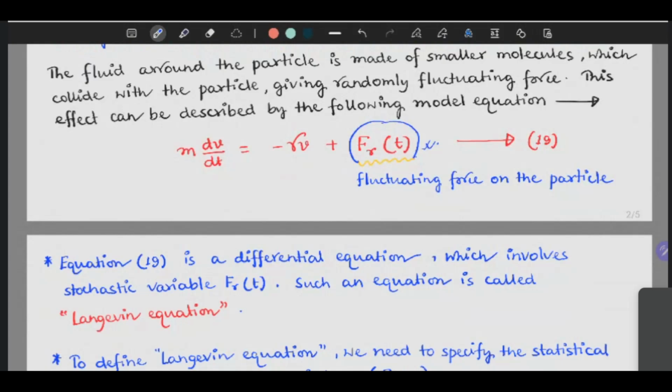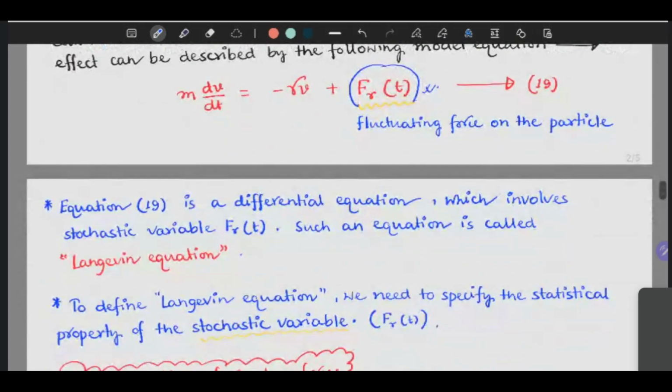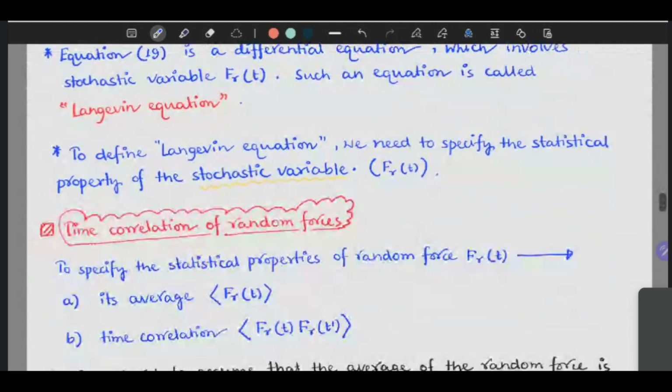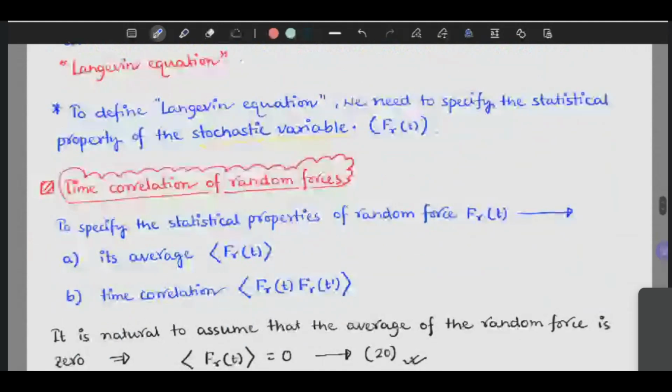Now we need to know how this fluctuating force behaves. To do this, we need to get some statistical properties of this force. So now we will assume something, but that will be based on some logic. First we will talk about the average of this random force, and then how the time correlations of these random forces behave.